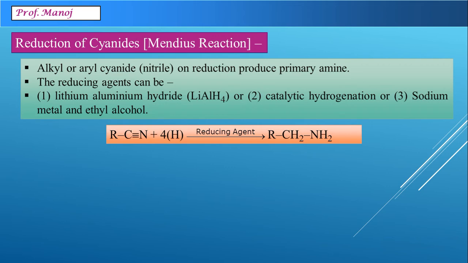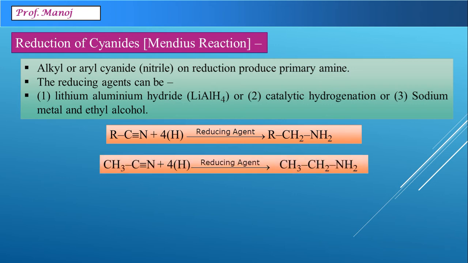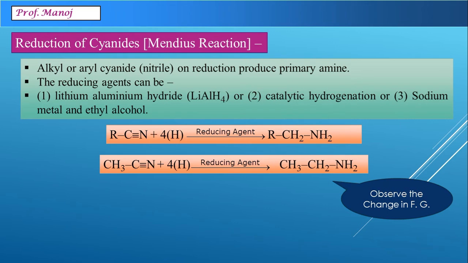RC triple bond N, which is a cyanide molecule, absorbs 4 hydrogen atoms in presence of a reducing agent, and it produces RCH2NH2. If I show you an example, you can see CH3C triple bond N with 4 hydrogen atoms produces CH3CH2NH2.